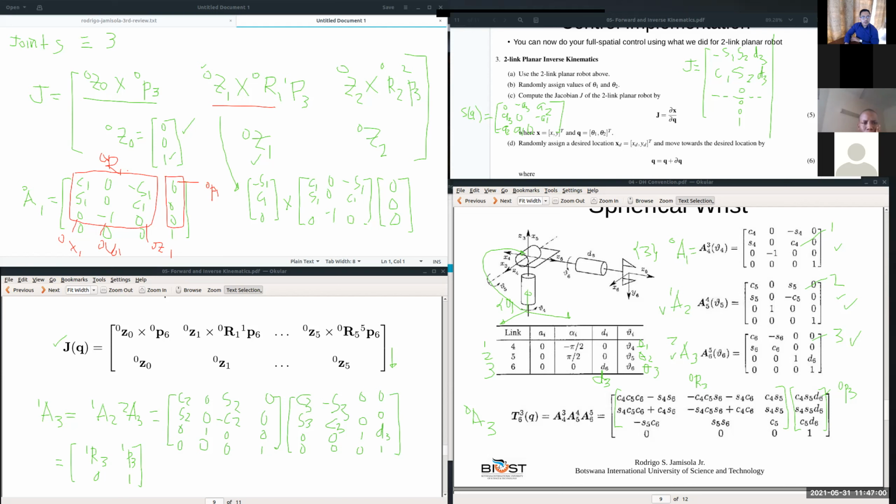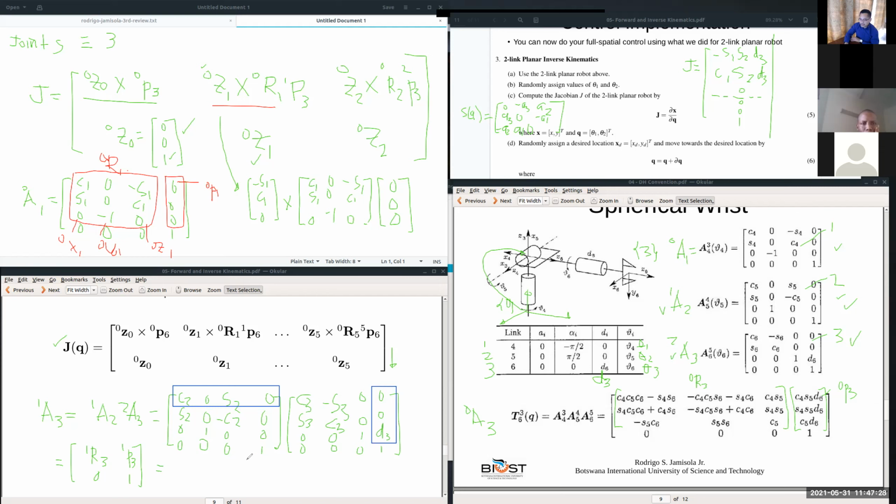We have to consider the row and the column. So this one is better. So this row against this column. What is that?